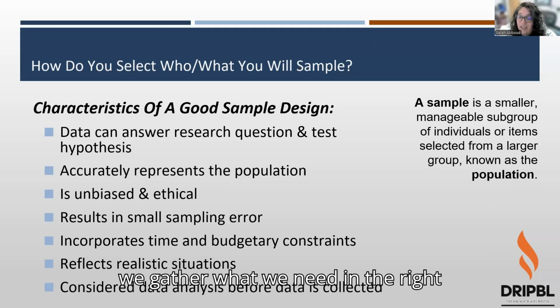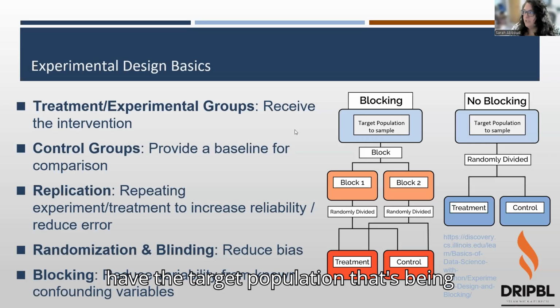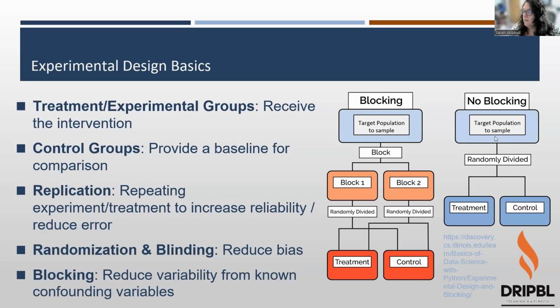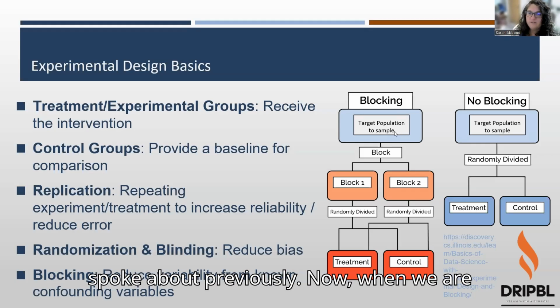This ensures that we gather what we need in the right format and in the right way. As you can see here, at the top, we have the target population that's being sampled. So that's a continuation of what we just spoke about previously.